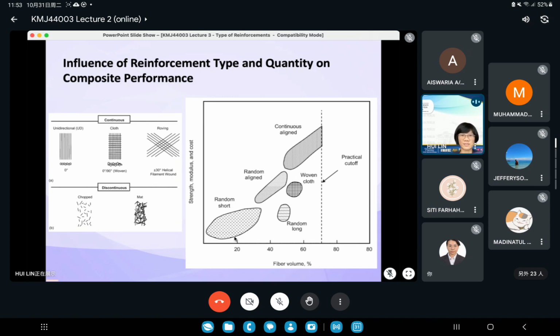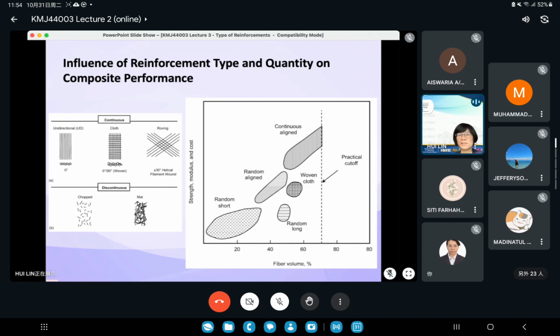From here you will see this is a short fiber. Usually short fiber will give lower strength and long fiber will give higher strength, provided everything in the manufacturing process is in proper condition. And for the types of fiber, of course, carbon fiber is expensive.